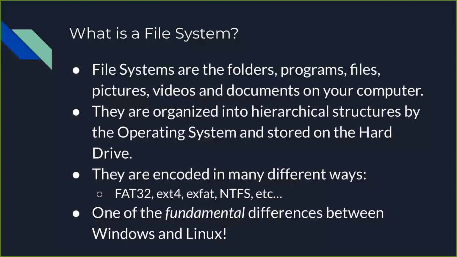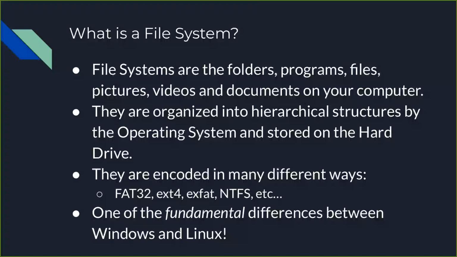Now, there are a lot of different versions of that hierarchical structure, and there's a lot of different ways of doing that. Windows and Linux do organize the folders and files in fundamentally different ways, and we'll see a little bit about that in a minute. The other thing that file systems provide is a way of encoding files so that they can be stored efficiently on your hard drive.